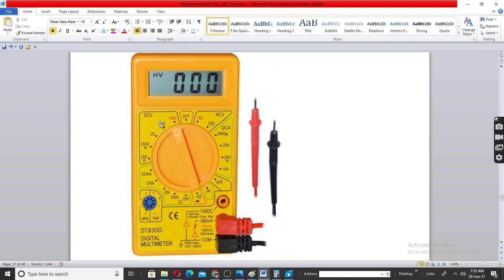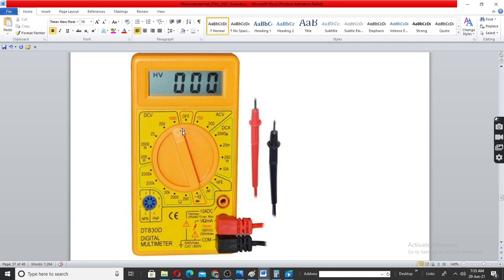In DC voltage, you have ranges from 200 millivolt, 2000 millivolt. Then these three will be in voltage. 1000 is high voltage. AC, you have 200 volts and 750 volts.